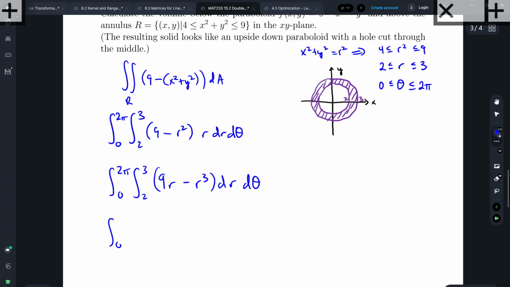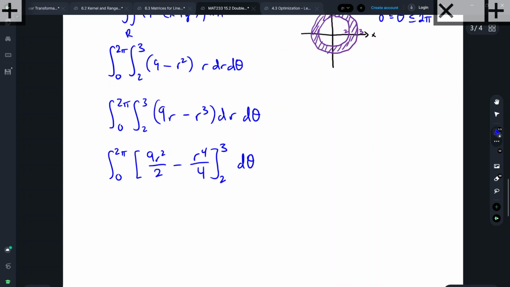When I take the antiderivative with respect to r, I get 9r squared over 2, and then minus, increasing the power, r to the 4th over 4, evaluated from 2 to 3.